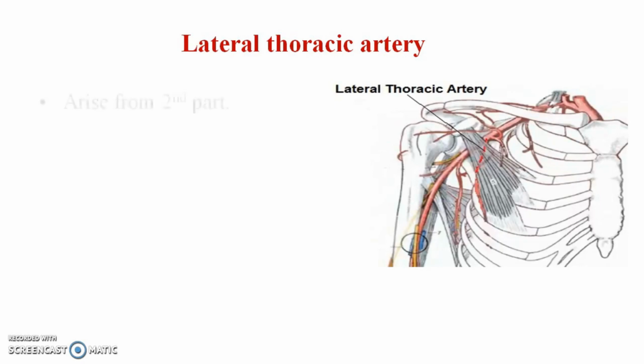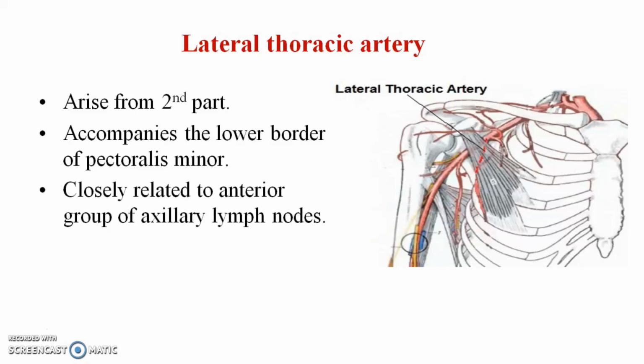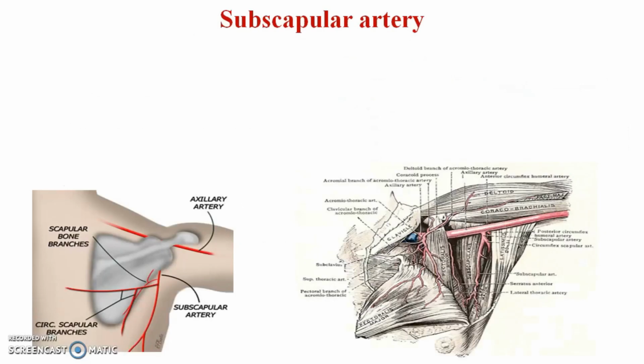And this lateral thoracic artery, it is arising from second part, as you all know, and it is going to accompany the lower border of pectoralis minor muscle, and it is related closely to anterior group of axillary lymph nodes. About axillary lymph nodes, we have 5 in number. Among that, anterior axillary lymph nodes is related to this artery. In females, as we already know, it gives a large lateral mammary branch to supply the mammary gland. And that's all about the first part and second part branches.